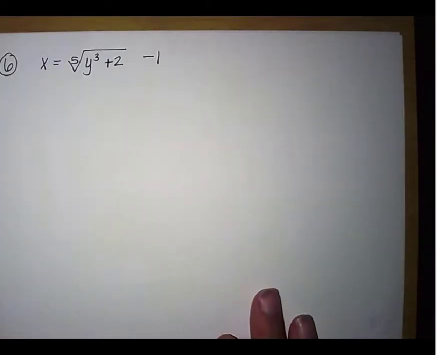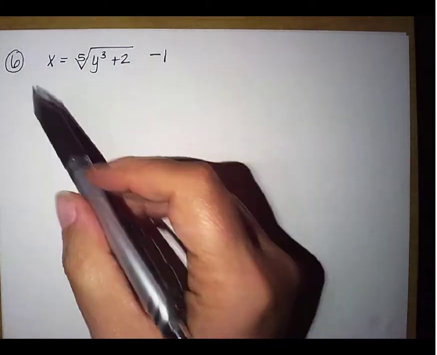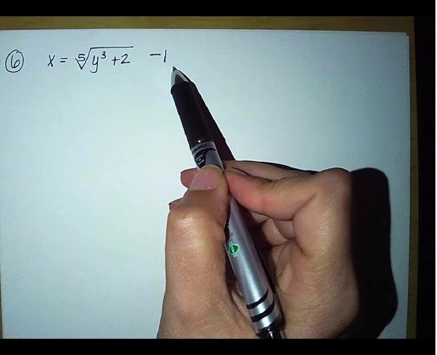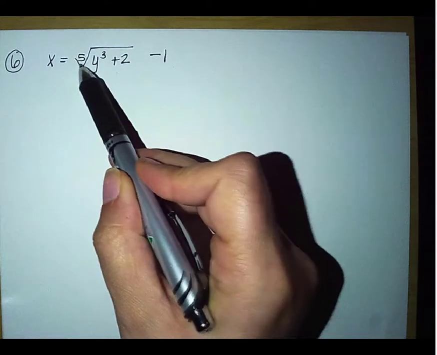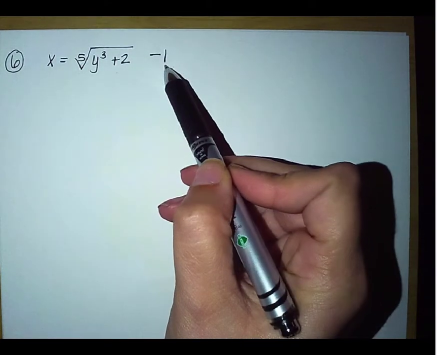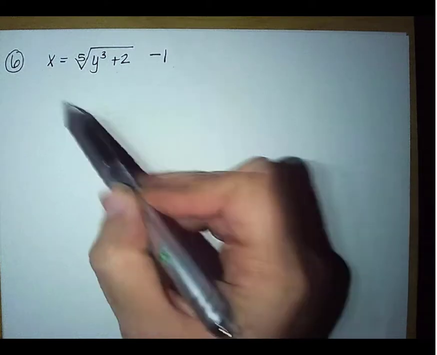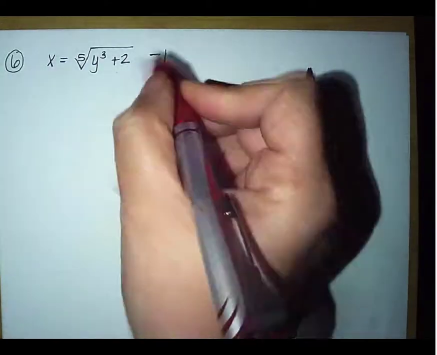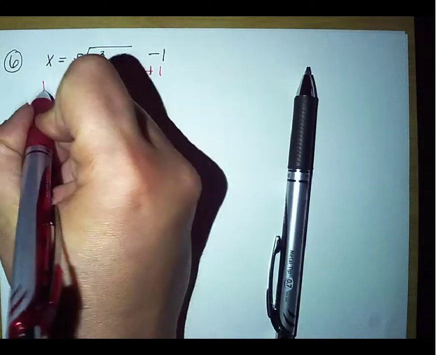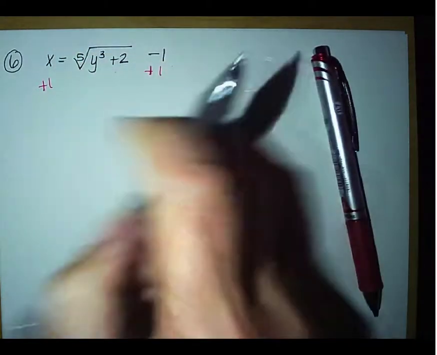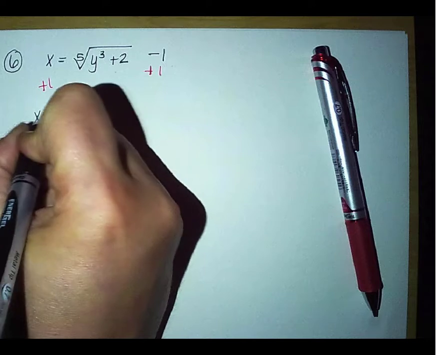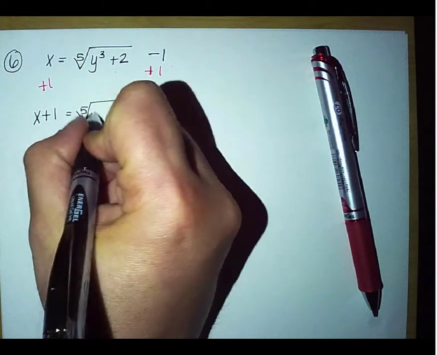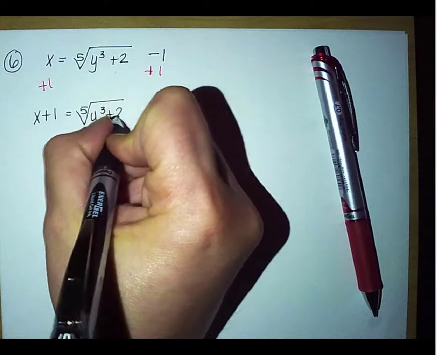So we've got x equal to the 5th root of y cubed plus 2 and then minus 1. So again, in order to get rid of the 5th root, the -1, which is on the outside, needs to be moved over to the other side of our equation. So we are going to add 1 to both sides. So we're going to get x plus 1 is equal to the 5th root of y cubed plus 2.